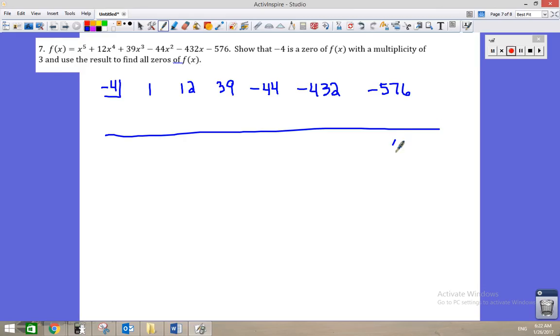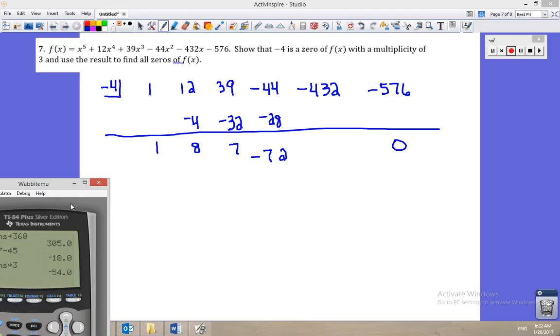I'm expecting this to be 0 here. Let's go ahead and double check that.